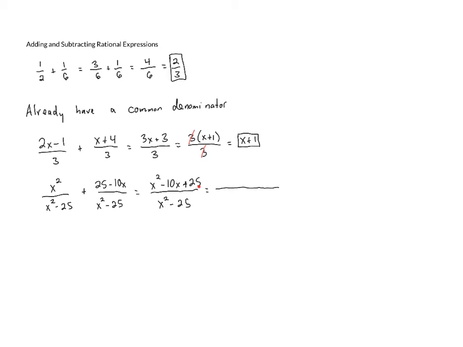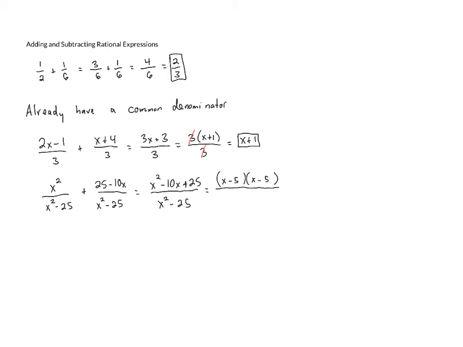x squared minus 10x plus 25 can be unfoiled. We need two numbers that have a product of 25 and a sum of -10. Those numbers are -5 and -5. So we get x minus 5 times x minus 5.